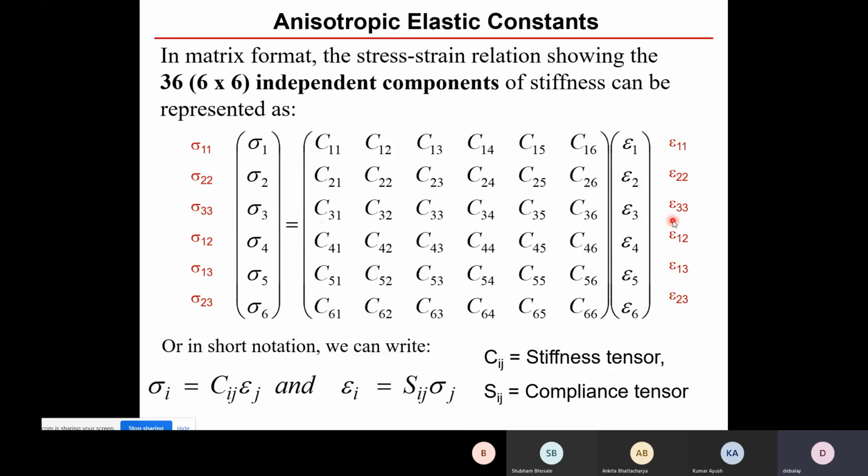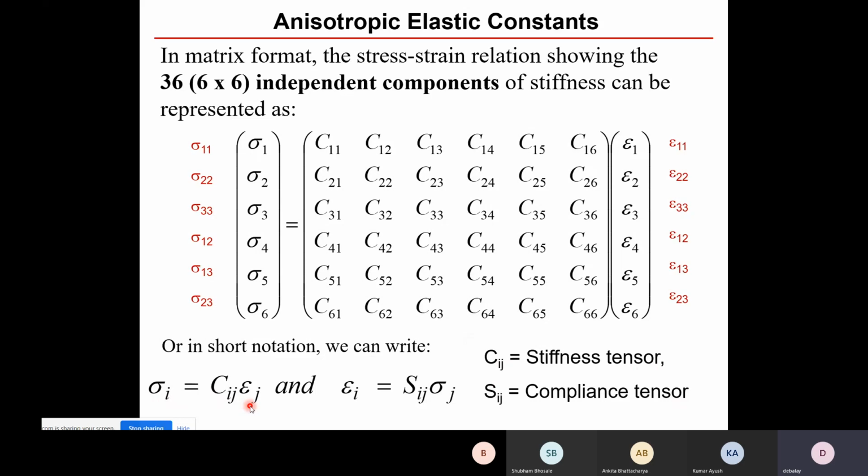Similarly, if you represent epsilon equals constant into stress tensor, that is called the compliance tensor, and the compliance tensor is Sij. Mark this difference. C doesn't mean compliance. S means compliance tensor. C is the elastic stiffness tensor. So sigma i, the stress tensor, equals stiffness tensor into epsilon, the strain tensor. Strain tensor equals compliance into stress tensor.